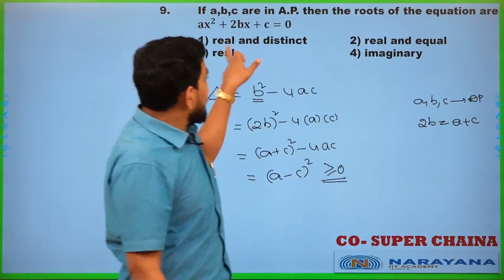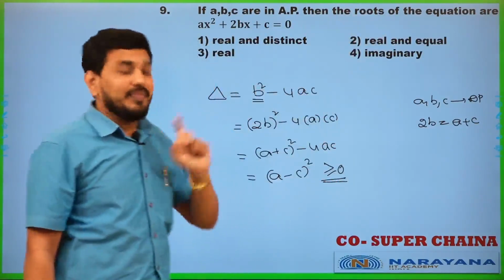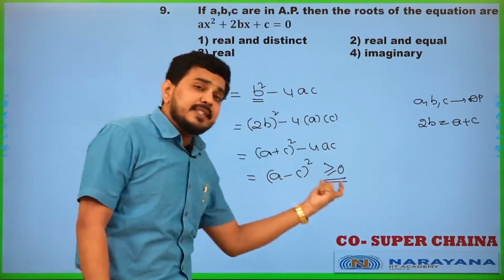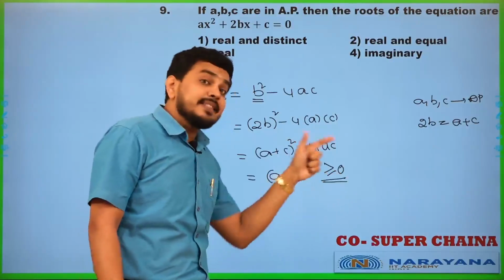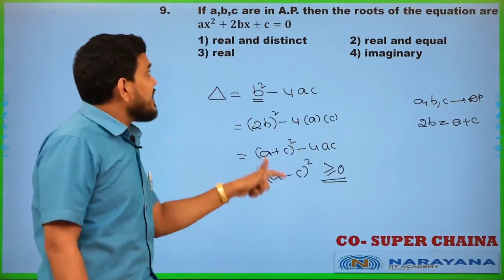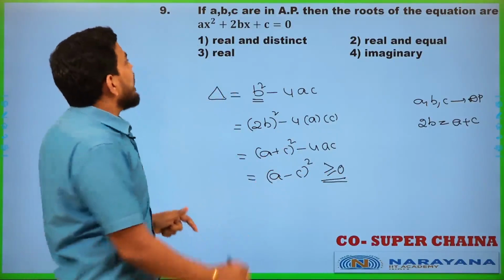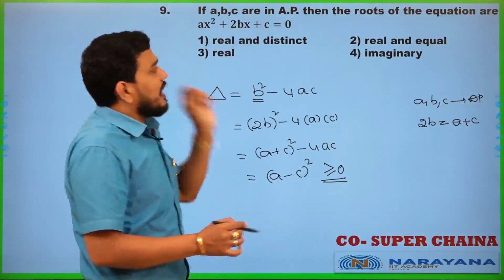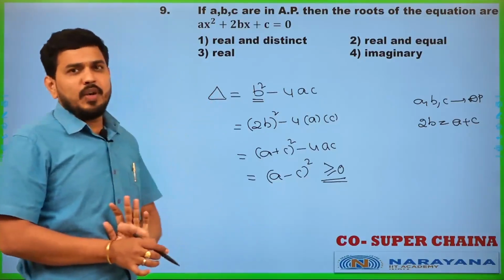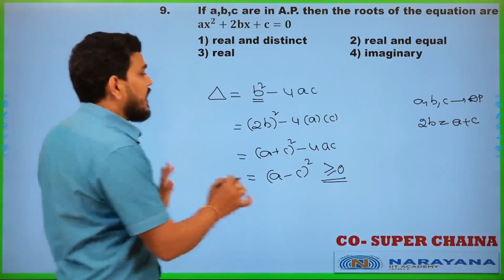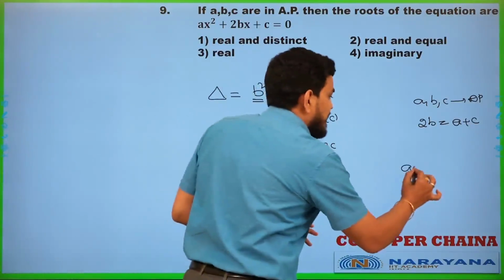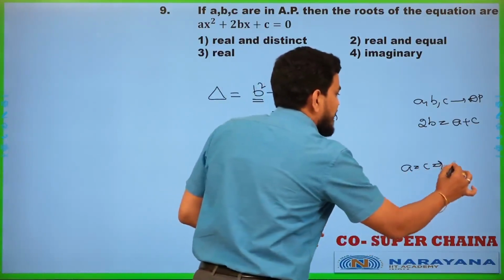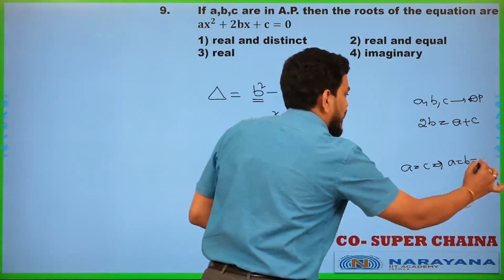So should I go with real and distinct, or real and equal? Now, if a is equal to c, 0 will be there. If a is equal to c, that implies a is equal to b is equal to c.